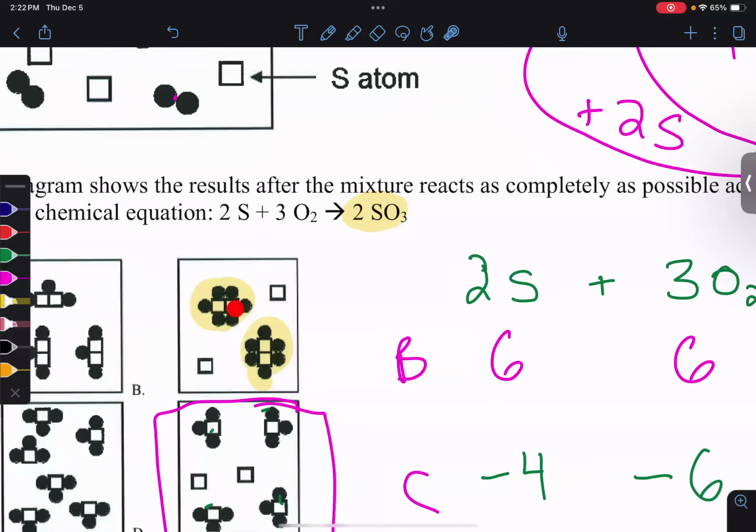It depicts 2 sulfurs bonded to 6 oxygens. But notice here, SO3, that's a single molecule. And this reaction is just trying to tell you, oh, you make 2 of them, 2 separate molecules. So don't pre-combine that molecule, because remember, molecules exist as these discrete things. The coefficients just tell us how many of them we make, right?